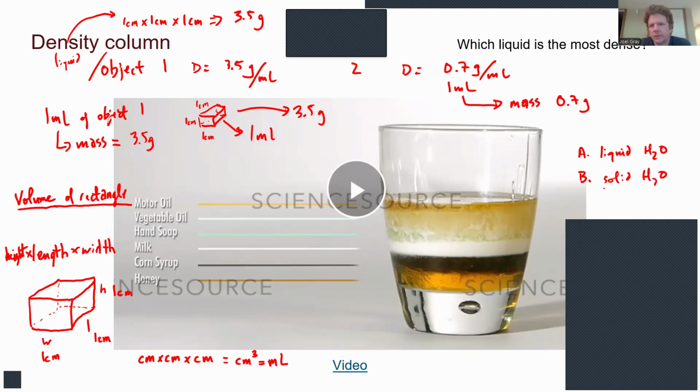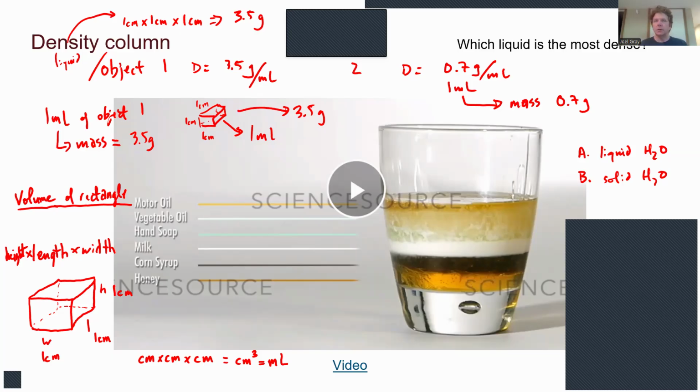So another way to think about this: when you get a glass of water and you put some solid water inside of it, also known as an ice cube, what happens to the ice cube? Add it to the chat what an ice cube does when you add it to water. I'm looking for one word. Floats. There we go. Thank you, Didier. That's what I was looking for. An ice cube's going to float.